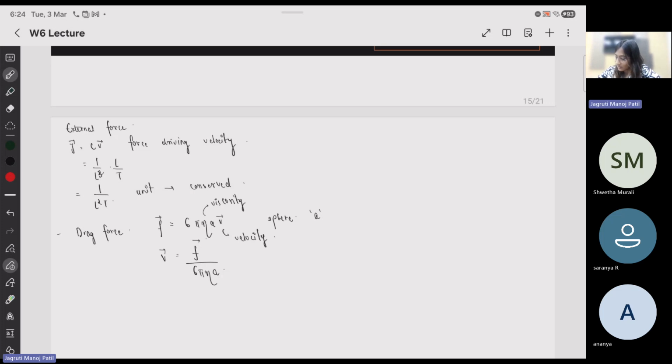So just to revise again, when we look at diffusion, what's happening? When we are looking at diffusion, we are looking at concentration gradients. And when we are looking at external forces, those are force-derived things.